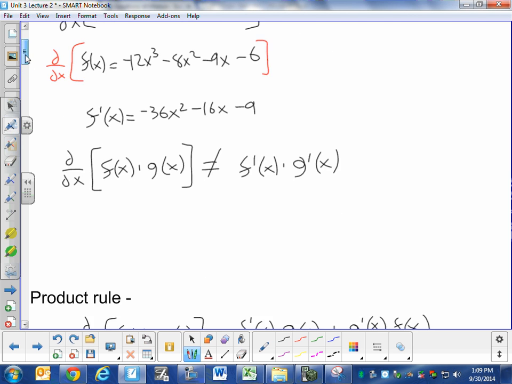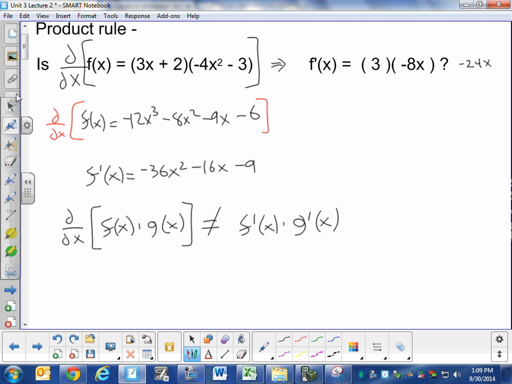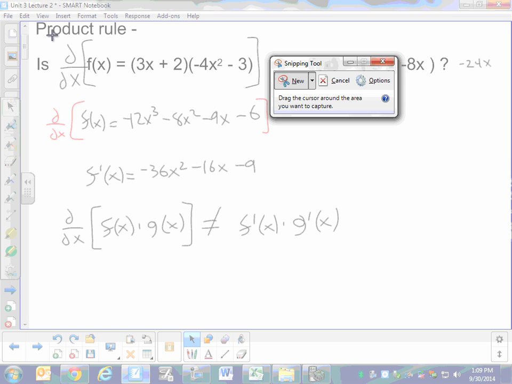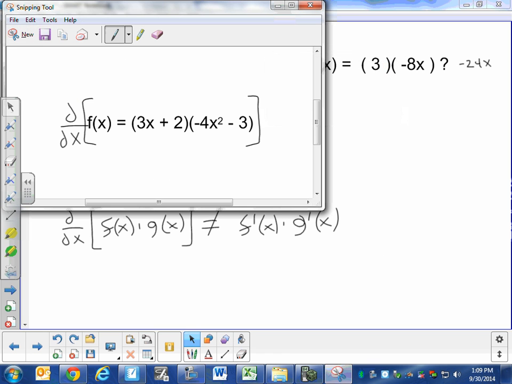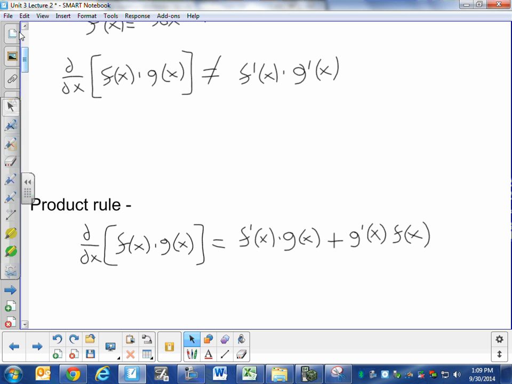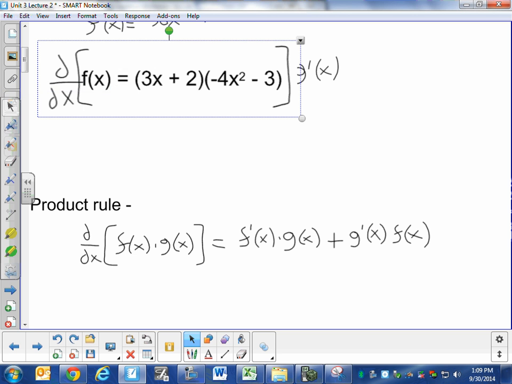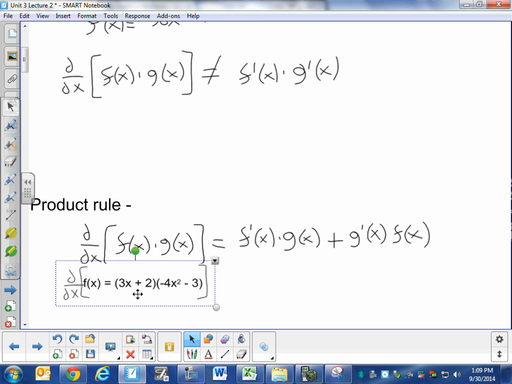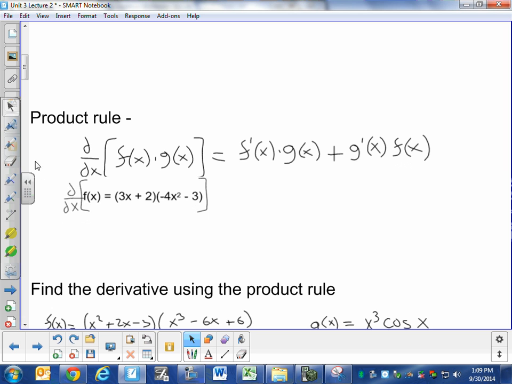Let's go ahead and check that with this previous situation. We have this guy. We know the derivative of this guy is equal to negative 36x squared minus 16x minus 9. Let's try to apply this rule to find the derivative of this. Well, it's very obvious to see the product of the two things.